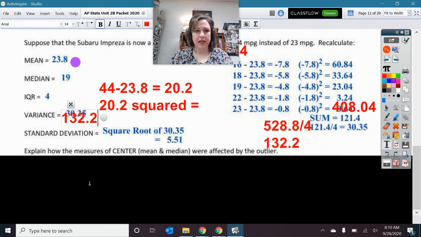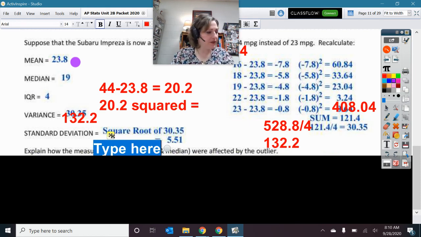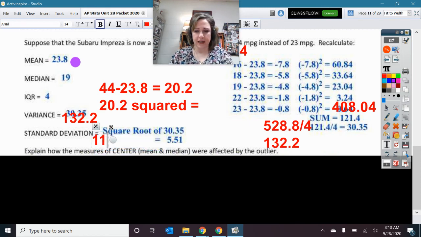Actually, I think that is right. So the standard deviation is 11.49. Sorry that those calculations were wrong, but we can see that our standard deviation increased a lot.